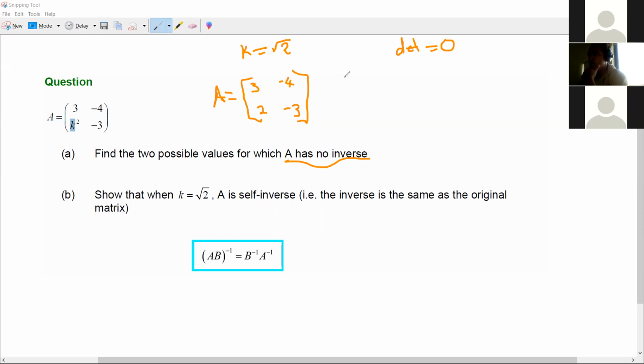So I'll just do the first part, which is your det is equal to, the first part will always be the same, 3 multiplied by -3. Okay. And then we plus it with the second part where we minus the second part. I wanted to put a k here, but let's put a 2 here, times -4.